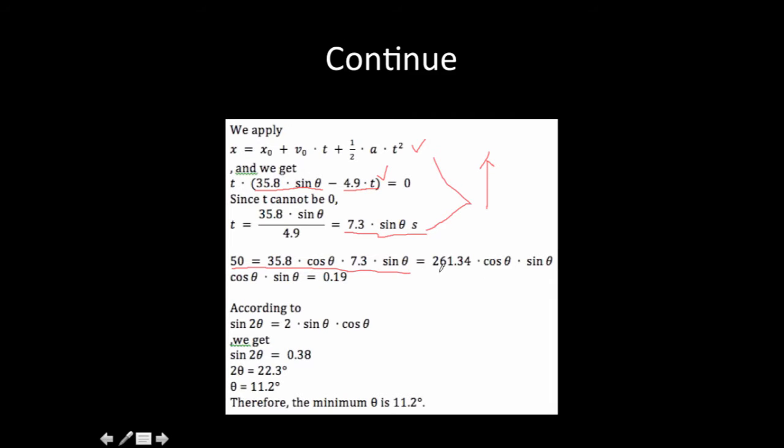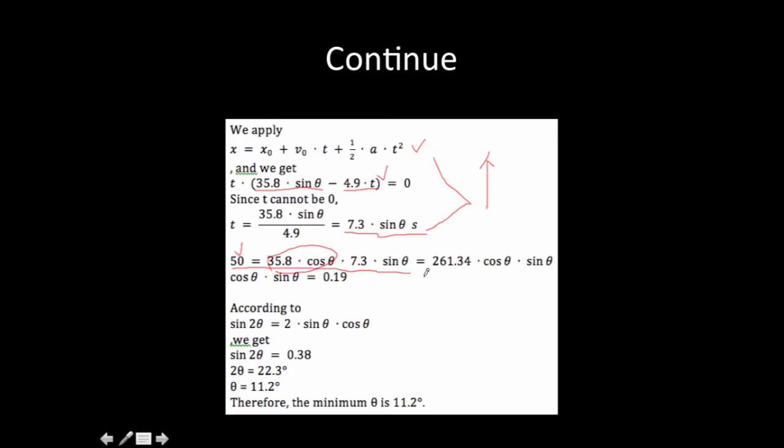Here we move to the horizontal. This is the horizontal speed, and then multiplying the time. So this is the distance we need.